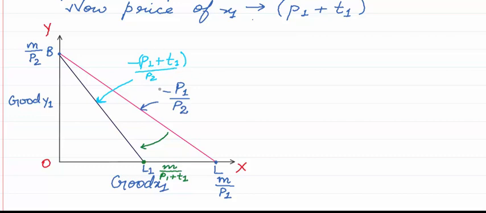So that's why there is a change in the slope of budget line BL1. Now here we can see that the budget line shifts to BL1 inward.